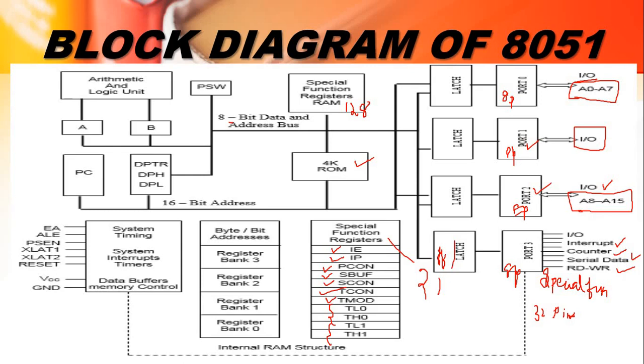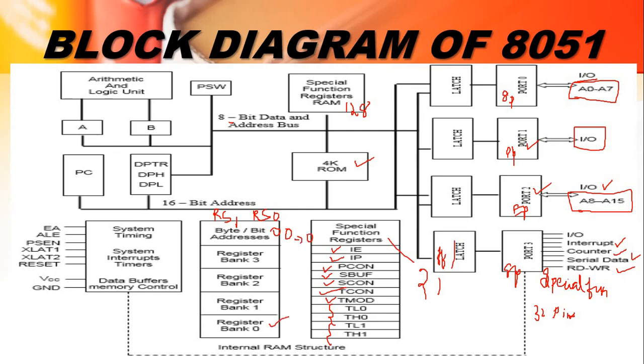Here there are 2 register selectors, RS1 and RS0. What these register selectors do is check in which register the data is to be stored. If both register selectors are 00, it will choose register bank 0.